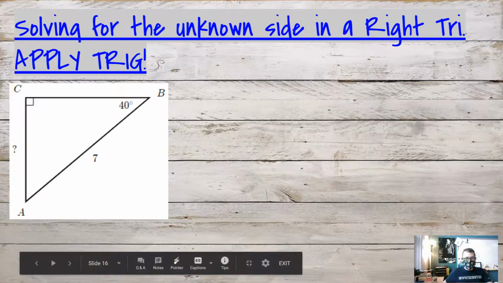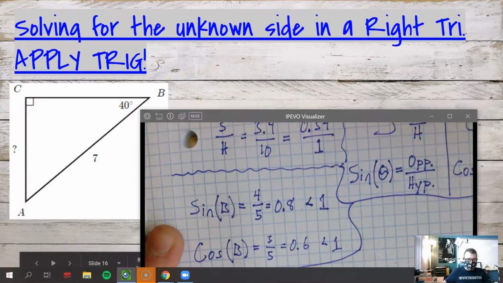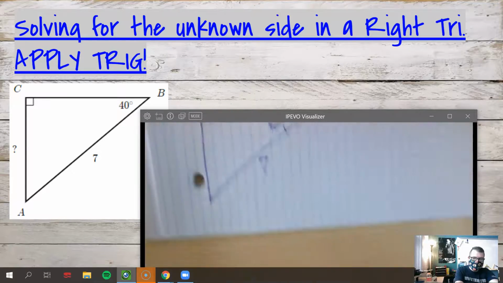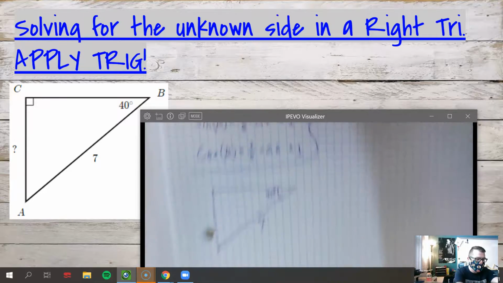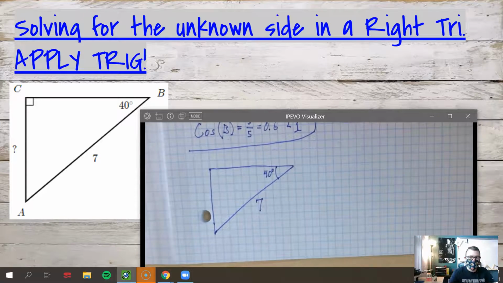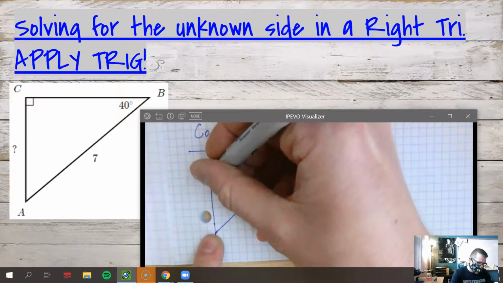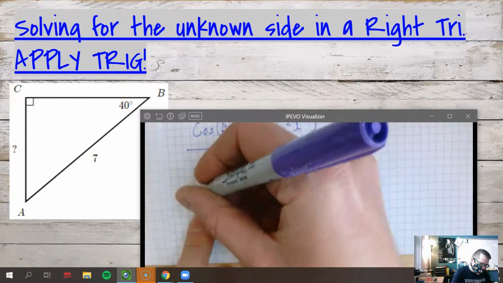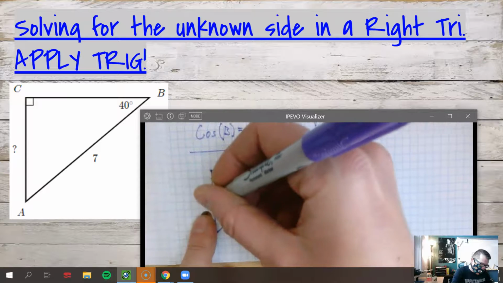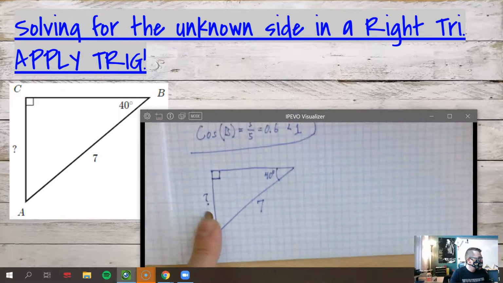Let's, on our paper, to get a bit more comfortable with this, label that if the 40-degree angle is what we're working with. Now I say if, because guys, can we figure out the other angle? Yeah, we could figure out this other angle real easy.